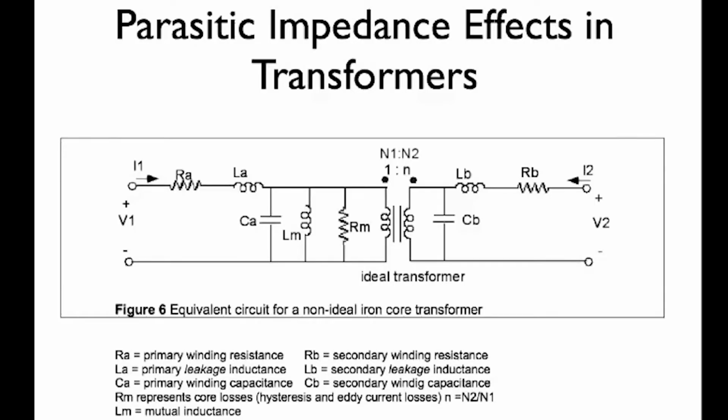And that creates a high-pass filter, but also the coils themselves create parasitic capacitances, which create a low-pass filter. So we get bandwidth limitations from the transformer naturally. That has certain benefits and potentially certain drawbacks.